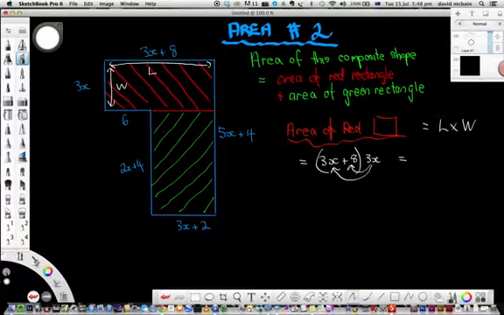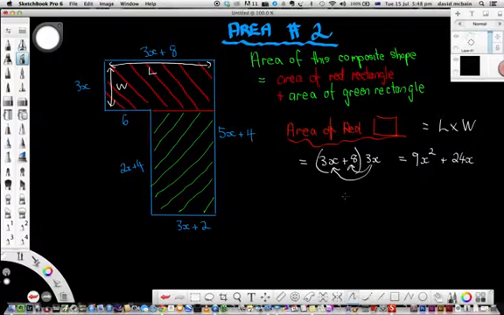So 3x times 3x: 3 times 3 is 9, and x times x is x squared, so it's 9x squared, plus 3 times 8 is 24, but it wasn't 3, it was 3x, so it's 24x.